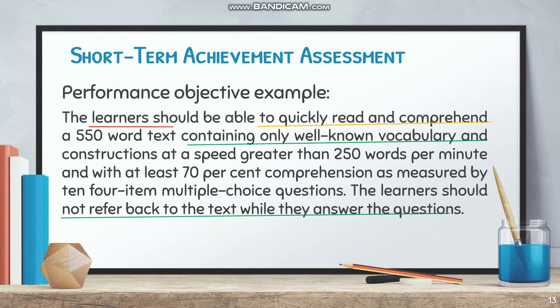And how the performance will be tested, or the measure, will be 10 4-item multiple choice questions. This is the measure. And the last is the criteria. The criteria here is stated as a speed greater than 250 words per minute.